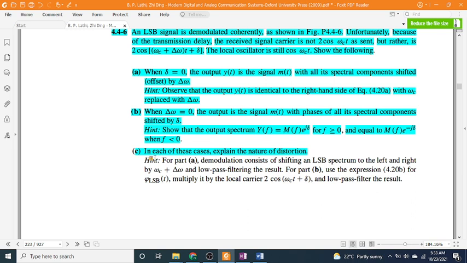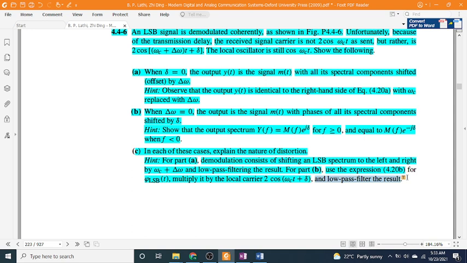Hint: for part A, demodulation consists of shifting an LSB spectrum to the left and right by ωc+Δω and low-pass filtering the result. For part B, use the expression 4.20b for φLSB(t), multiply it by the local carrier 2 cos(ωct+δ), and low-pass filter the result.